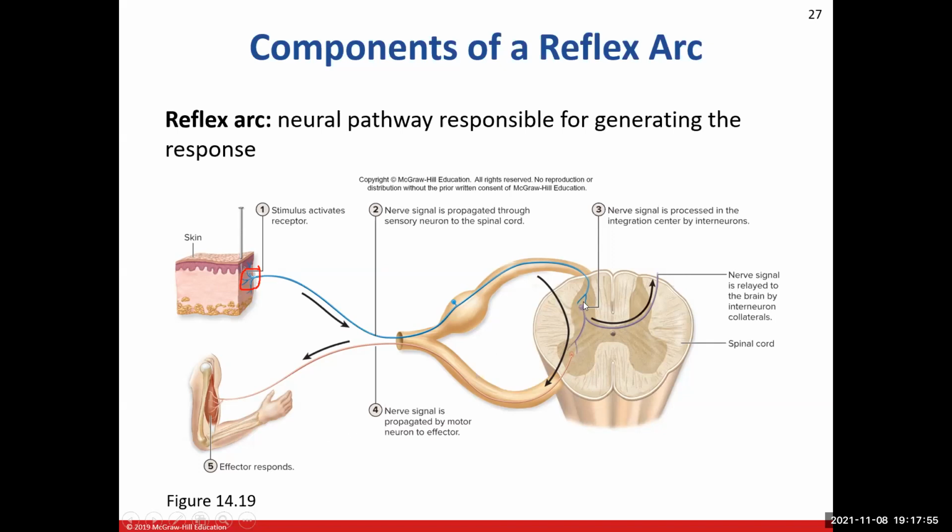I like this picture because it shows our interneuron has a collateral. So there's a branch coming off the axon, and that collateral travels up to your central nervous system, up to the brain, and it informs your brain of what just happened. Hey, by the way, you touched something that's sharp, and I made sure to pull you away from that. Just thought you should know.